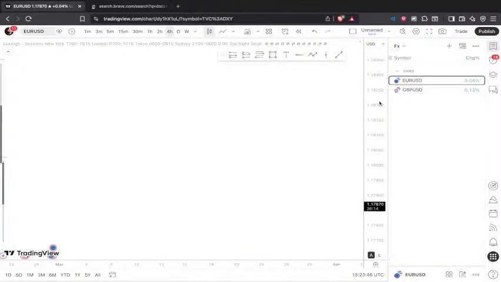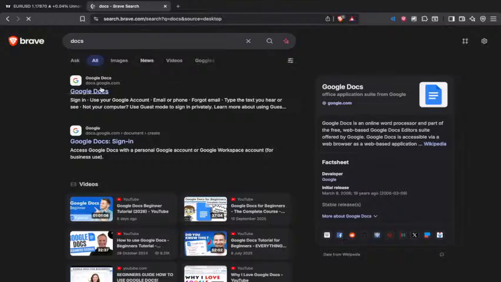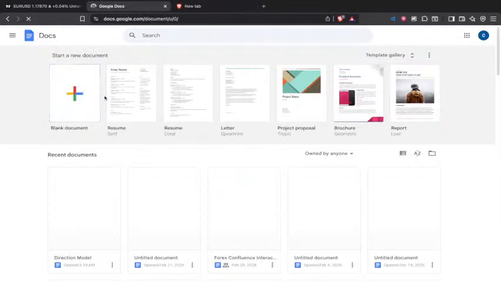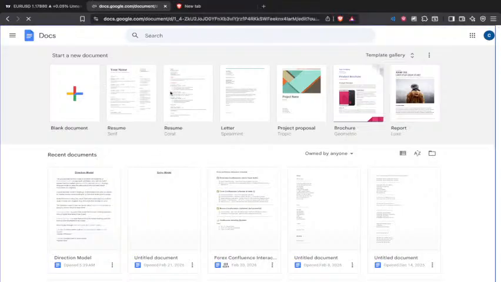In the stream yesterday, we started to establish a document, or two documents. We started one, which is our direction model. We will get to our entry model later on as we go throughout the weekend and the days.